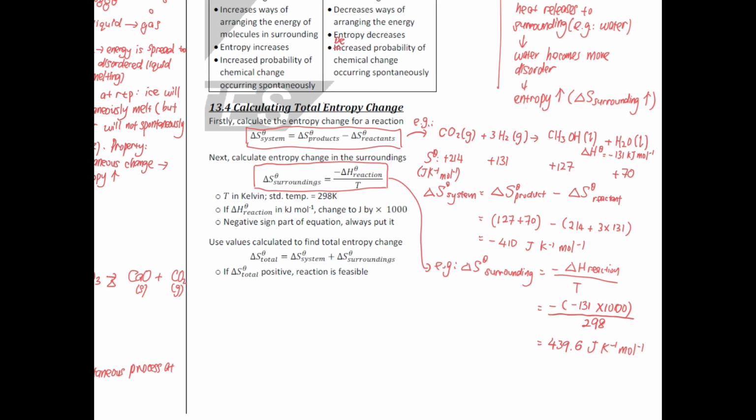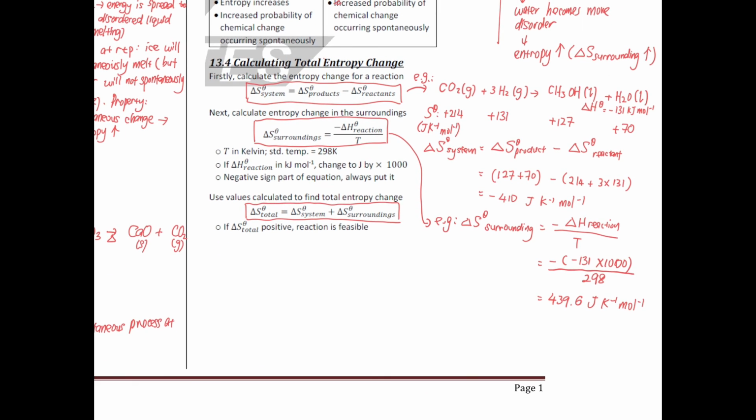Okay, now next one. Use the values calculated to find the total entropy change. Of course the last formula is very easy to take. You have the entropy change of the system, minus 410. You have the entropy change of the surroundings, 439.6.